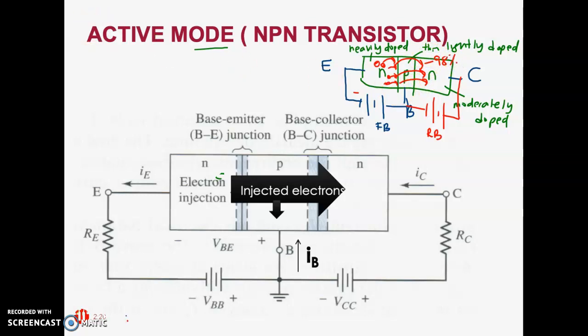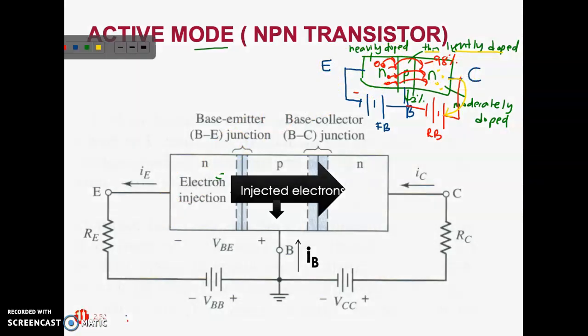Only 2% will go through your base because this is very thin and lightly doped. And at your collector, most of the electrons will be attracted to the positive terminal. So most of your electrons will go from your emitter towards your collector.